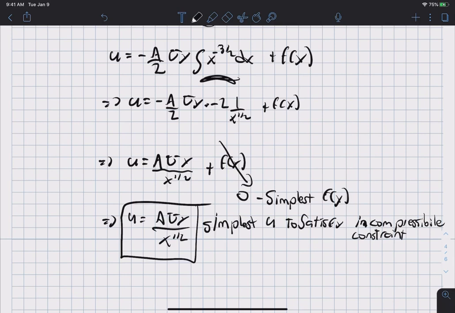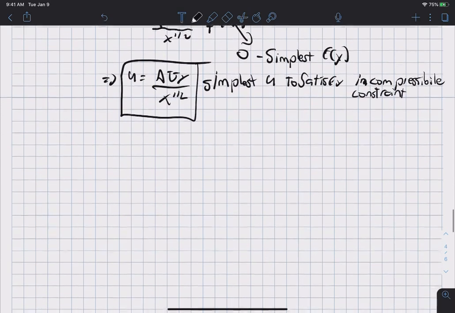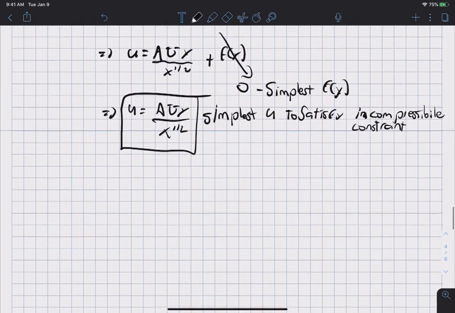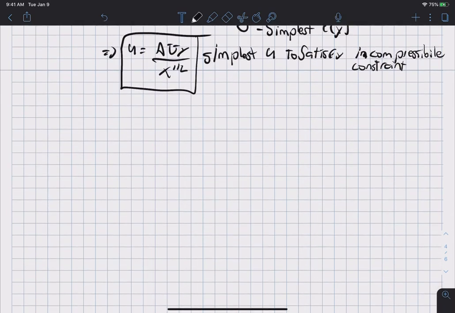Before we move on to conservation of momentum in the next recording, I'm going to go over two quick things first. First, I'm going to make a note on the meaning of divergence.